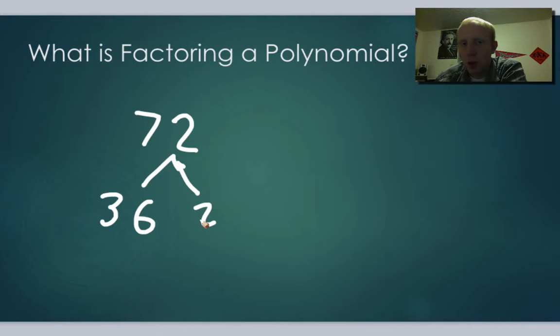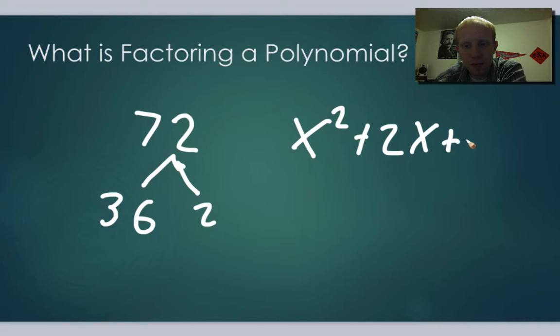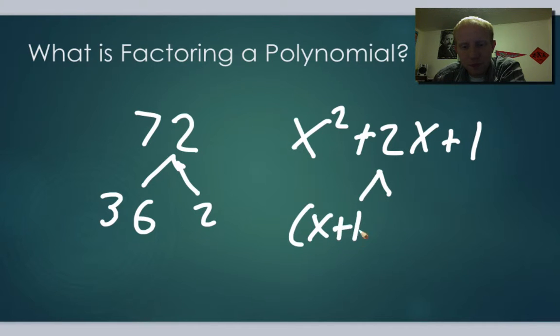A polynomial is going to be the same idea, except instead of having a nice clean number like this, we're going to have a variable in the term. For example, if we had the polynomial x squared plus 2x plus 1, that doesn't look like a number, but if you think about it, it's a number that's in terms of x. You might get this broken down into two numbers: one would be x plus 1, and the other one would be x plus 1 as well.